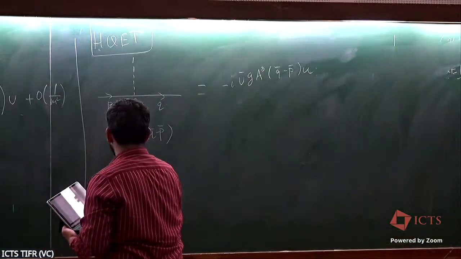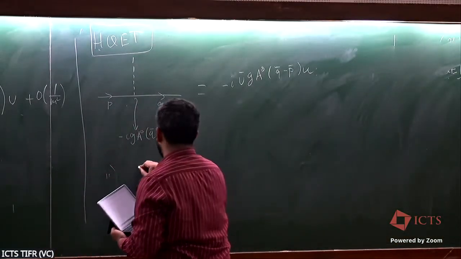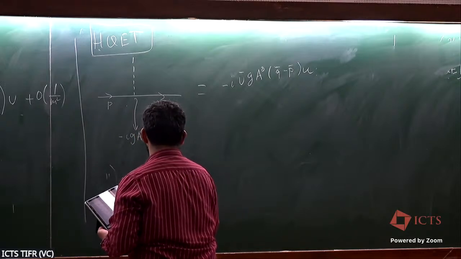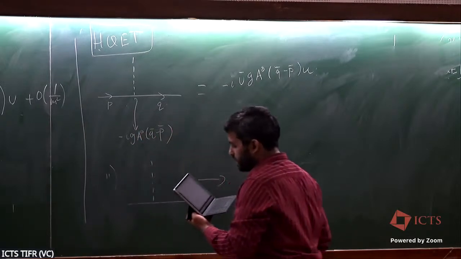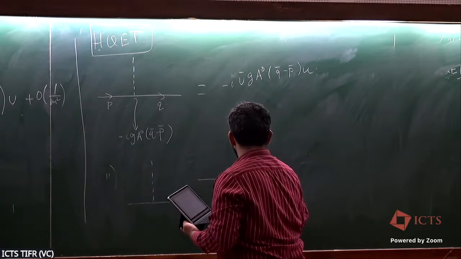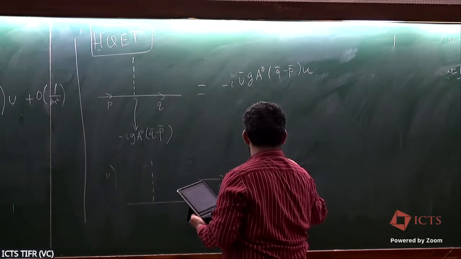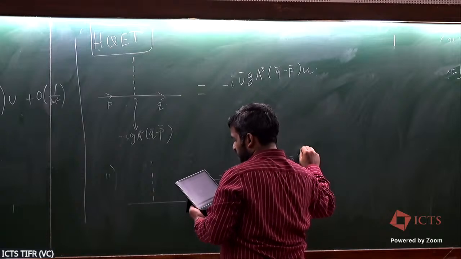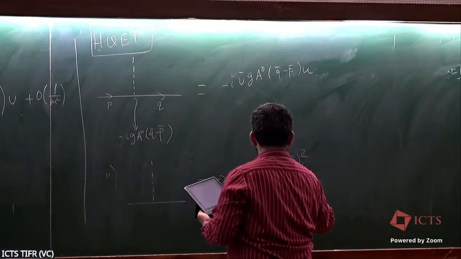Then there is another diagram, which is again the same thing, but this is with I CD U dagger Q minus P square by 8M square.